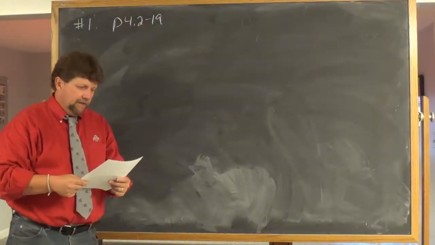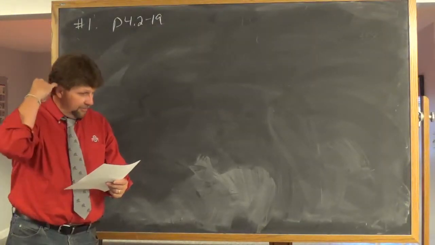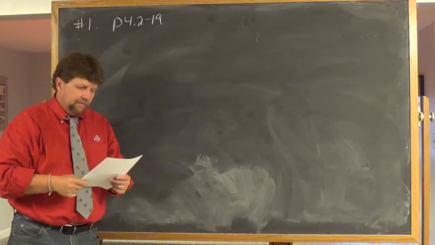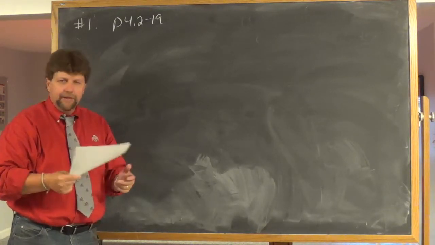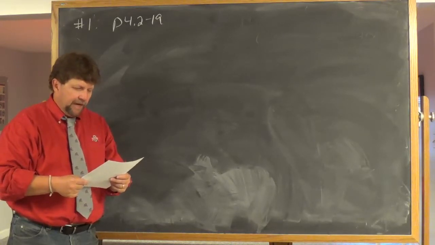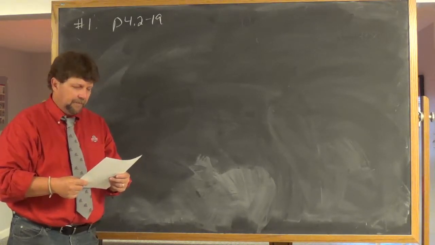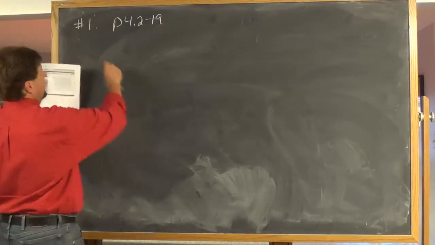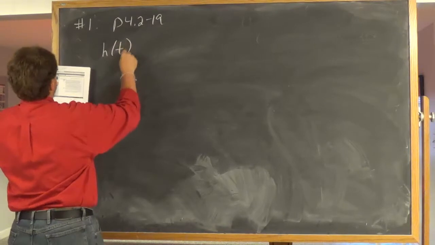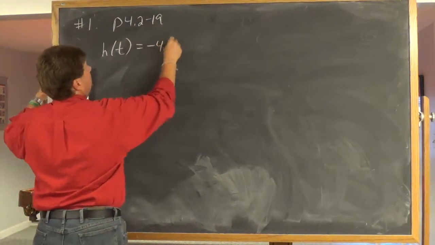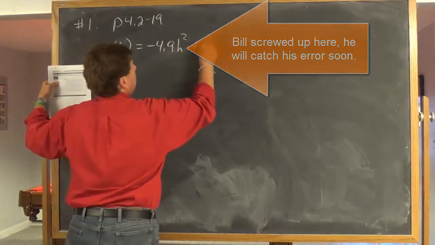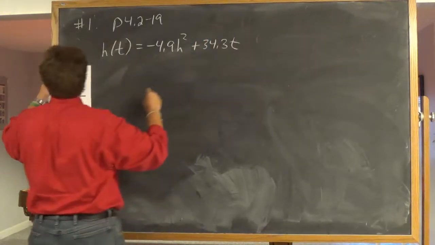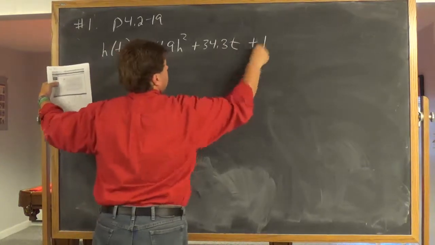Okay, in number 1 on page 4.2-19, it says a baseball player swings and hits a pop fly straight up in the air, and the catcher ends up catching the ball. The height of the baseball in meters, t seconds after it is hit, is given by the quadratic function h of t equals negative 4.9 t squared plus 34.3 t plus 1.